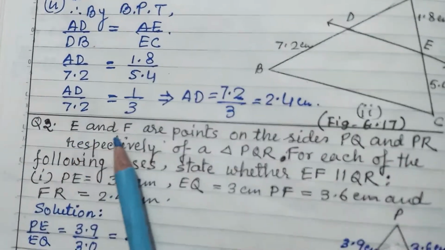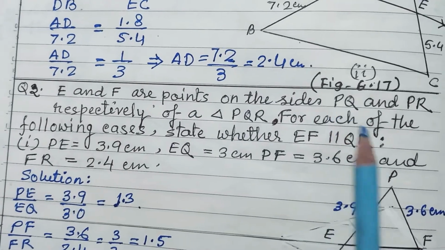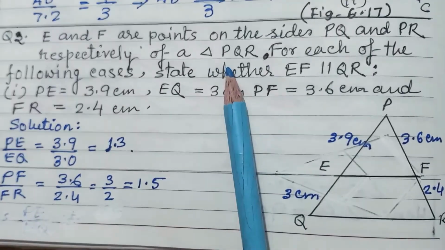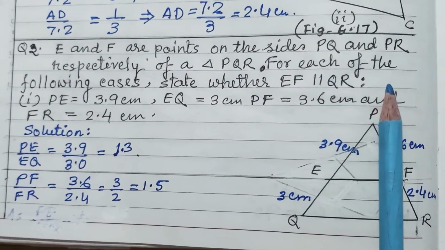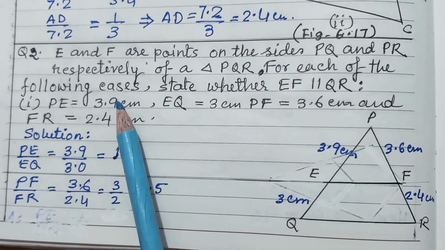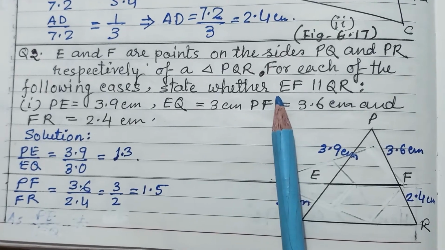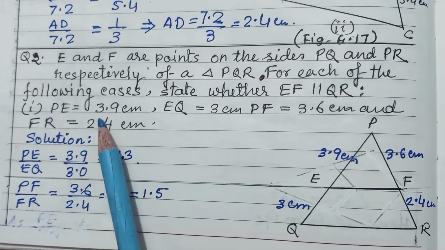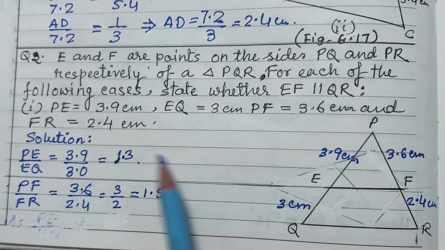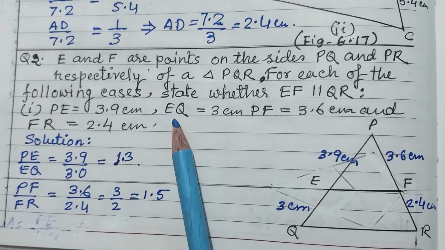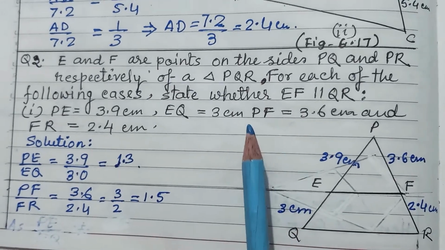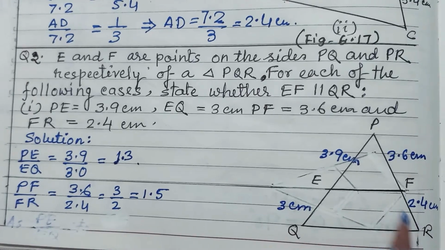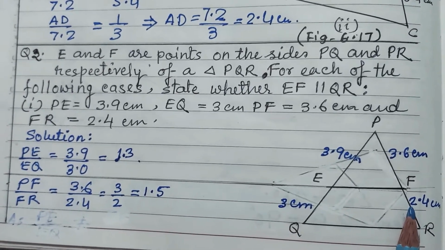Next question is E and F are the points on the sides PQ and PR respectively of triangle PQR. For each of the following cases, state whether EF is parallel to QR. PE is equal to 3.9, EQ is equal to 3 centimeter, PF is 3.6 centimeter and FR is 2.4 centimeter.